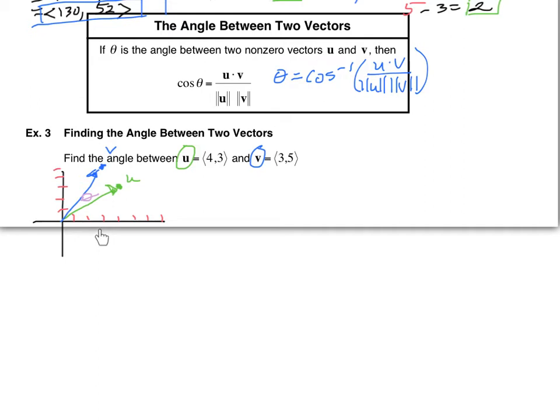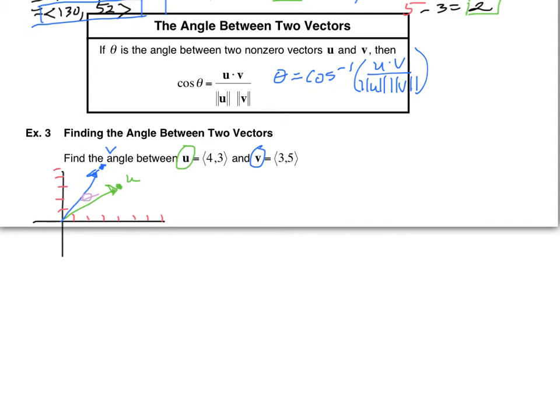I could find the angle from here to the green vector, and the angle from here to the blue vector, using the inverse tangent like we did in 6.1. What would you do with those two angles? You would subtract them to get that angle. So you could do it that way, or this is less work.